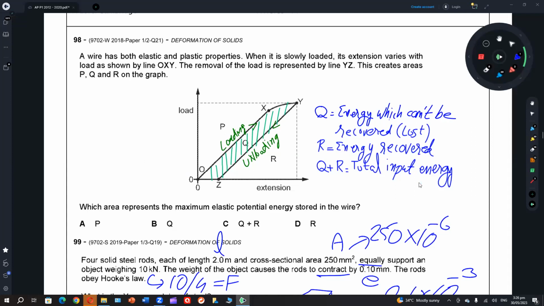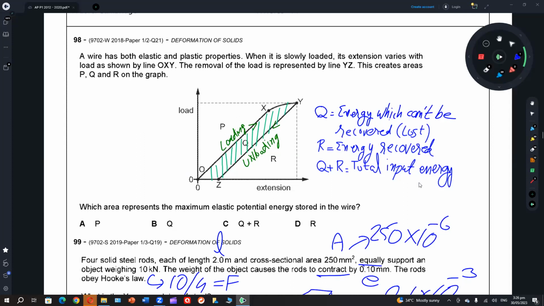Just like when you stretch or deform something, some energy becomes heat, some converts into sound, which is not stored, which is gone. It is part of total energy, but it is not part of stored energy.